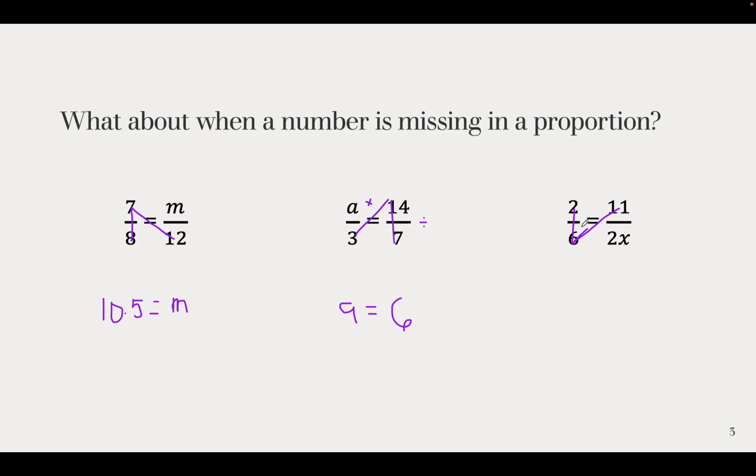And then, in order to get rid of this 2, I will have to divide by that 2. So I'm going to divide my 33 by 2. X equals 16.5. All right.